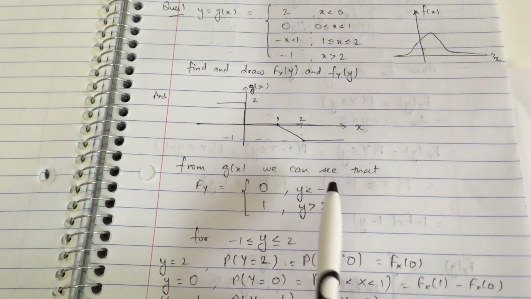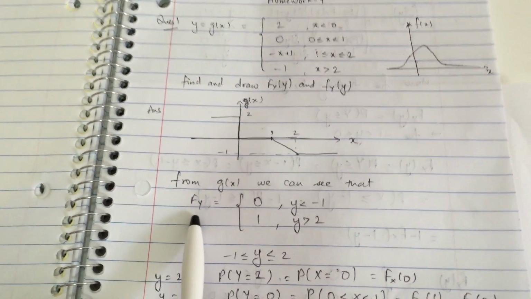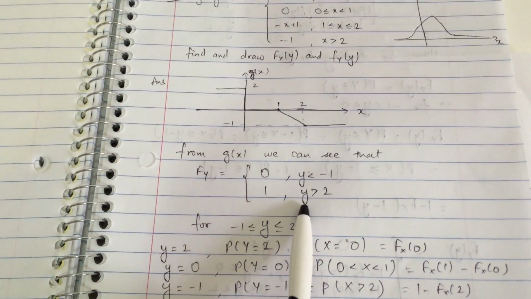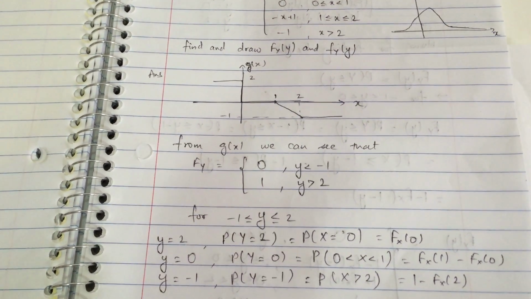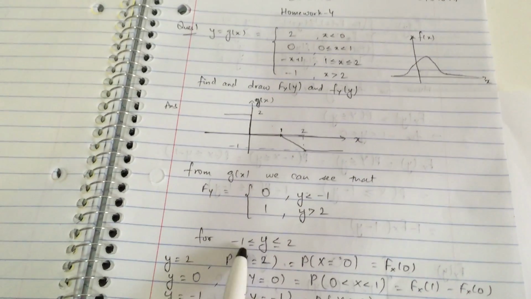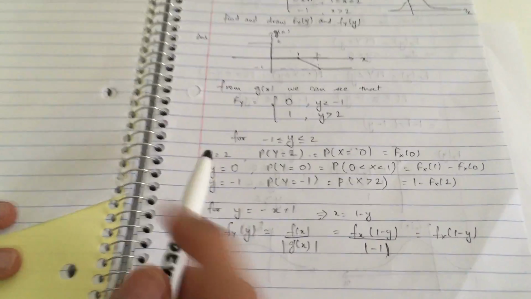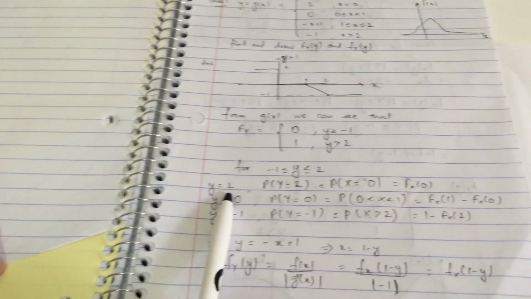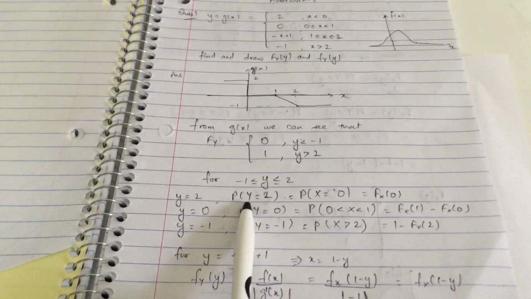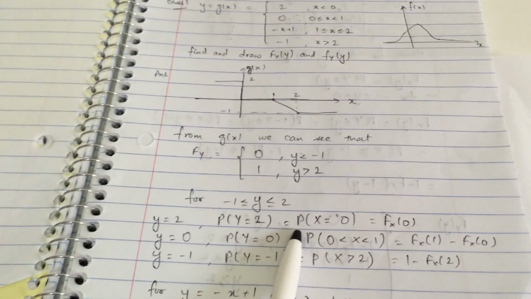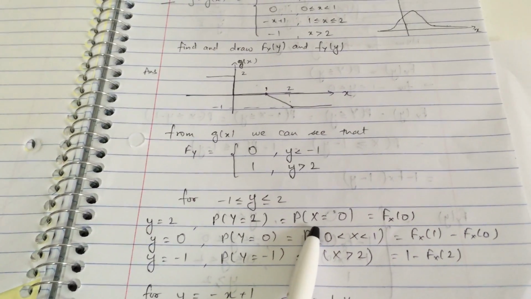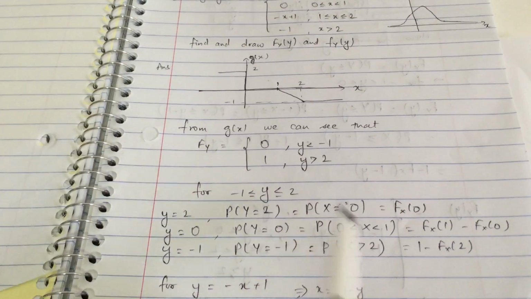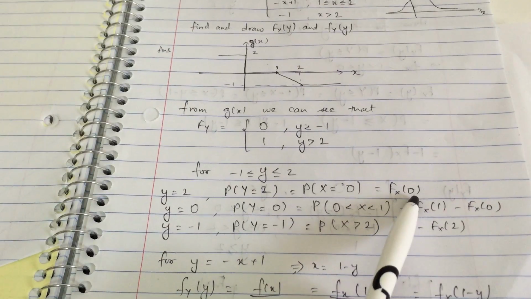So from g(x) we can clearly see that Fy, the probability distribution function for y less than minus 1 is equal to 0, and for y greater than 2 is equal to 1. Now let's solve between y equal to minus 1 to 2. At y equal to 2, we know that P of y equal to 2 is equal to P of x less than 0, so it equals Fx of 0.